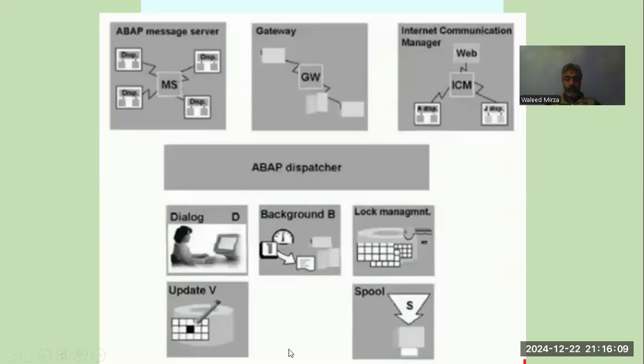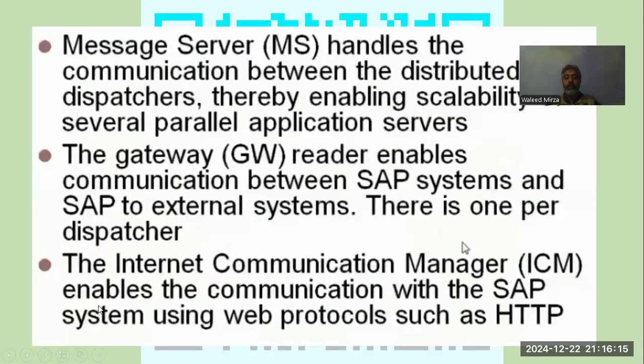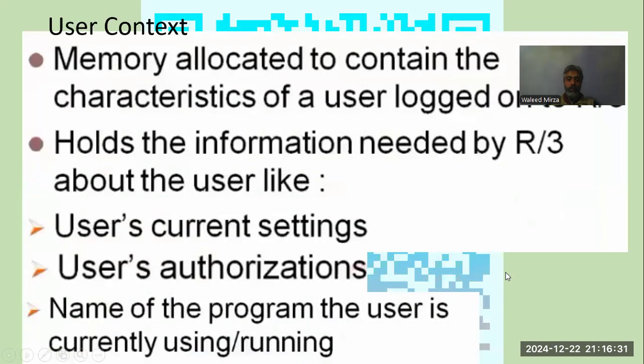The update process is basically for the database, because the updates, the records, the tables are updated in the database. Messaging server handles communication between distributed dispatchers. The gateway reader enables communication between SAP systems and external systems. The ICM, Internet Communication Manager, communicates through the web protocols, that is HTTP.